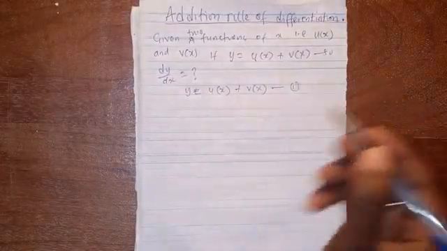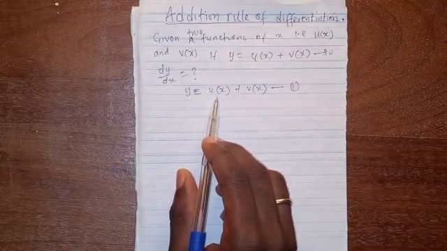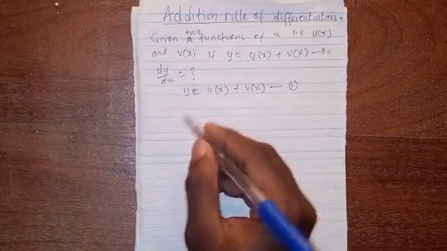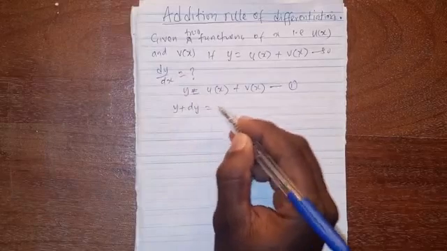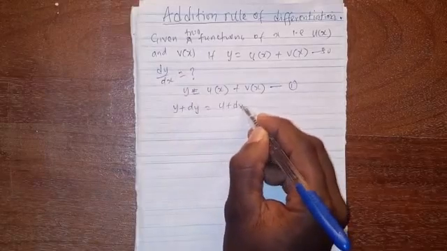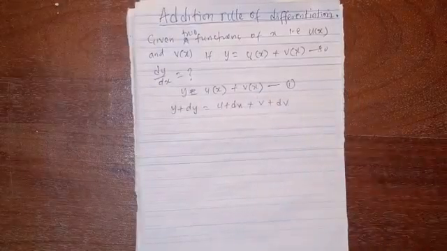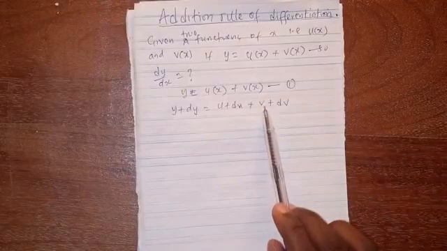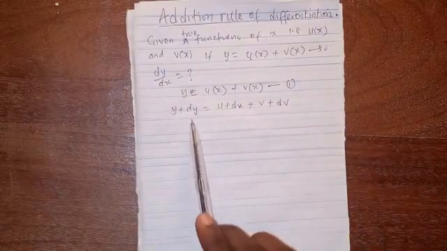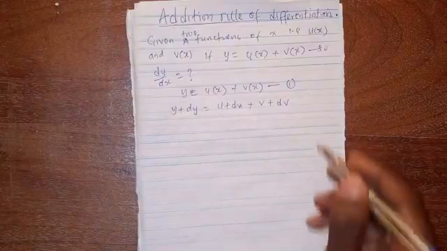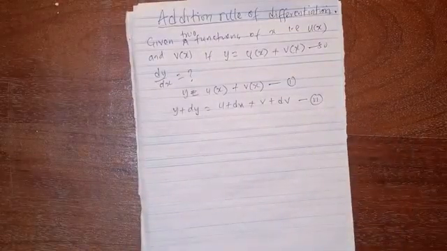Then you take the increment of y and also the increment of the right side. So the increment of y will give us y plus dy equals u plus du plus v plus dv. That is the small increment of v, the small increment of u, and also the small increment of y, on both sides. We name this equation 2. Are you getting what I'm saying now?